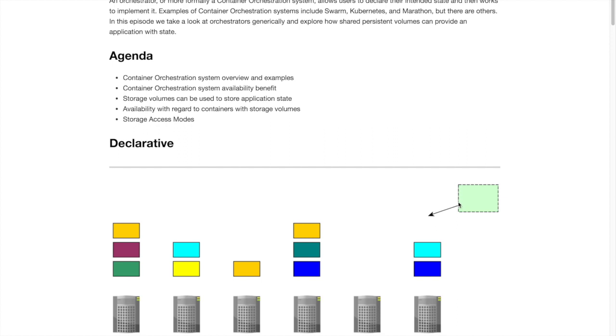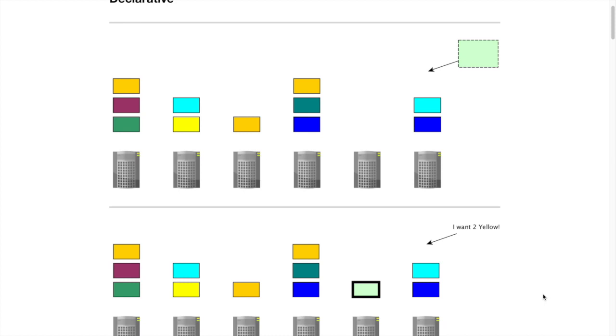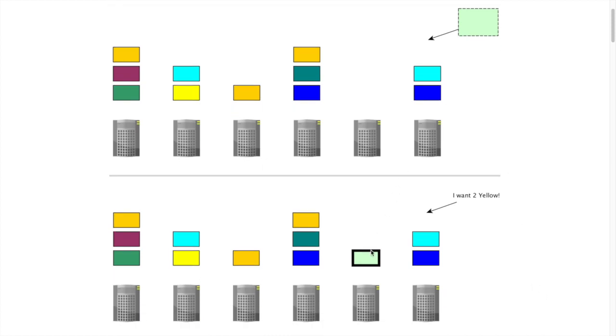And so what I'm going to do is declare that I should have one of these running on my cluster. As you might imagine, the cluster will see this change and then accommodate it by creating a new green workload. And the cluster is going to find the best place on the cluster to run this new workload.